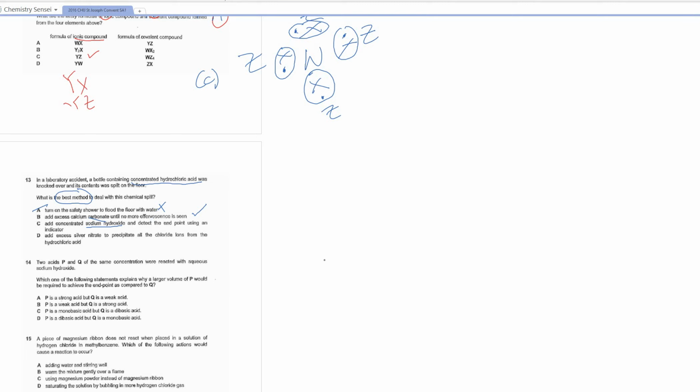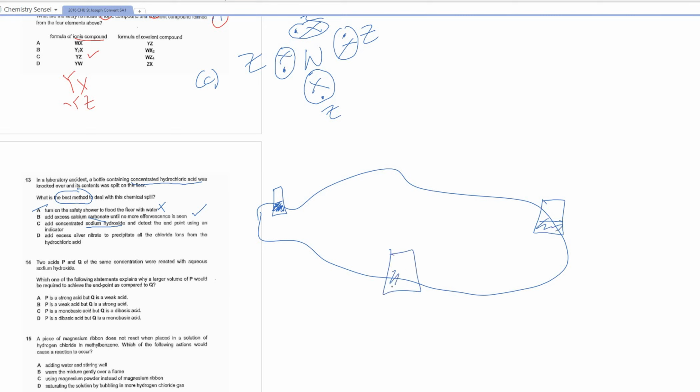Because you are spilling over a large area, you may have neutralized this portion over here when you test it with an indicator, but that may not be in this region. So there is a lot of region you need to test using an indicator. So this will not be a good method as compared to B.